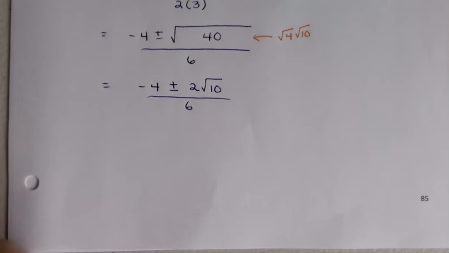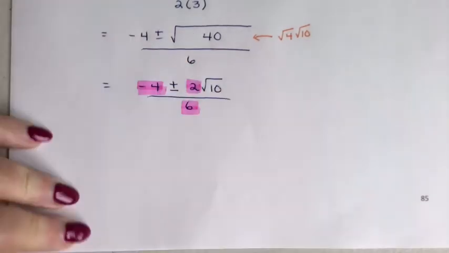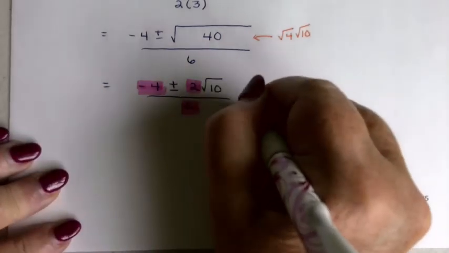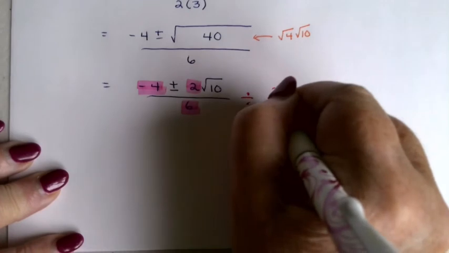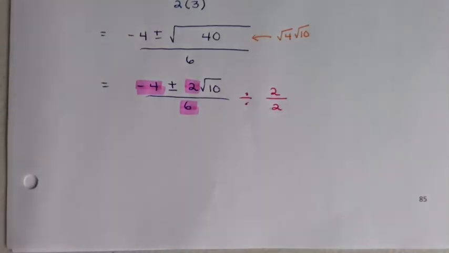Either way, I'm going to notice that all 3 of my coefficients, the -4, the 2, and the 6, are all divisible by 2. So I'd like to reduce this to lowest terms by dividing top and bottom by 2. Again, I'm dividing by a fraction that's equivalent to 1, so I'm not changing the value of anything.